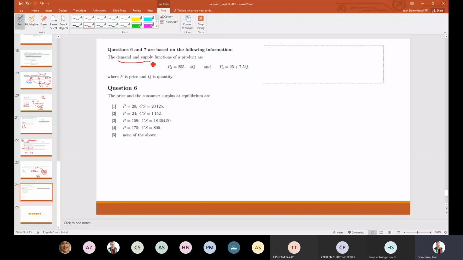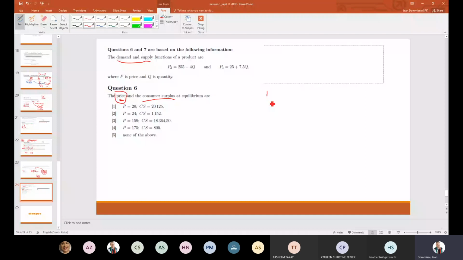Still demand and supply, and a lot of these questions are very similar. Okay, this one is consumer surplus. We haven't done that yet. We can work out the price so long. Consumer surplus we'll actually do next week.